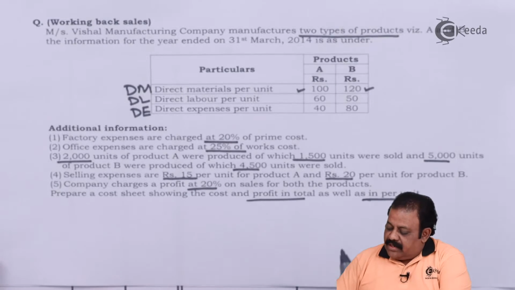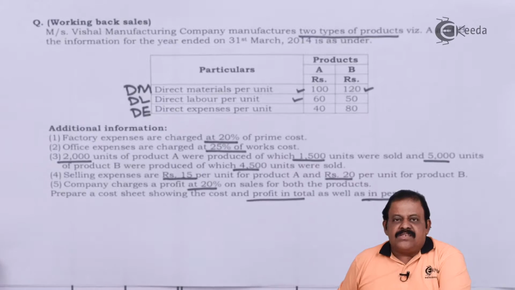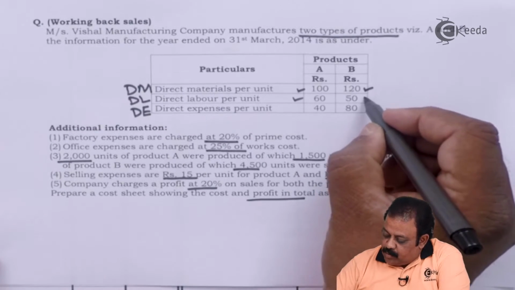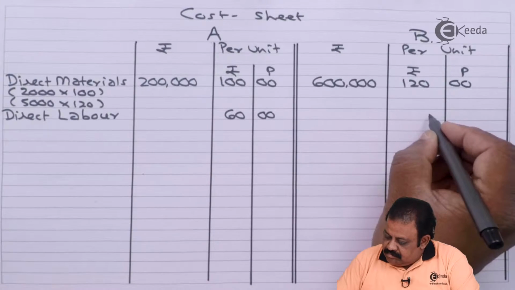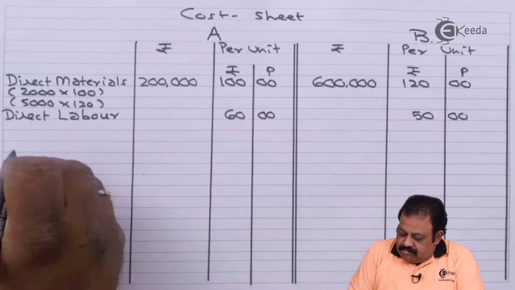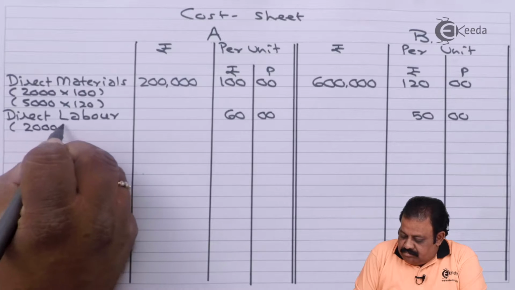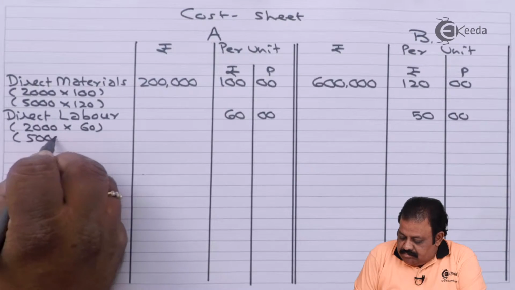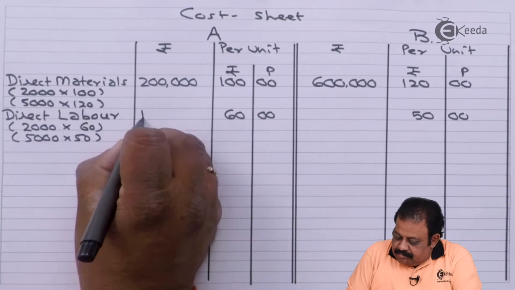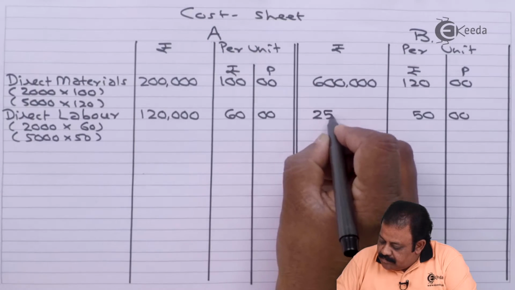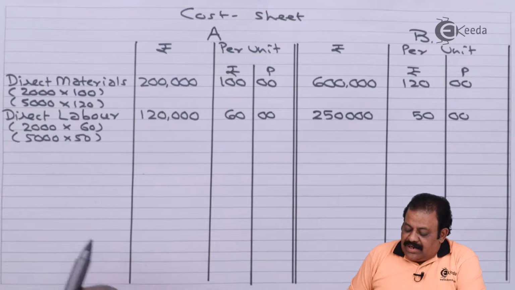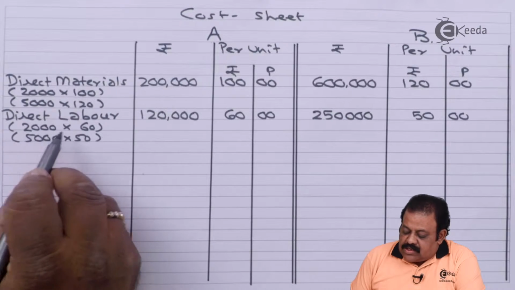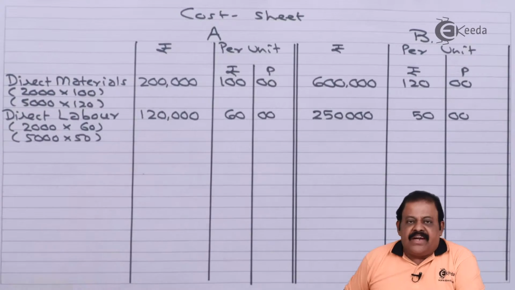Direct labor per unit is 60 rupees for A and 50 rupees for B. In case of product A, total direct labor will be 2000 units multiplied by 60, 1,20,000.